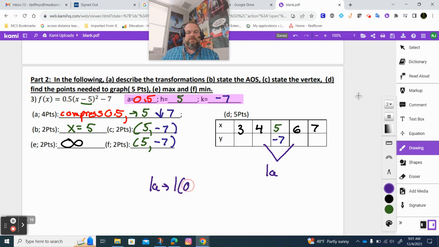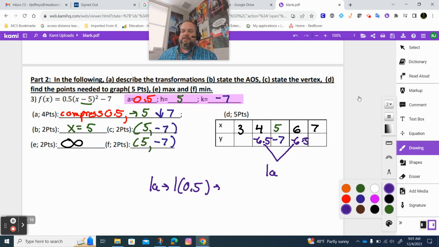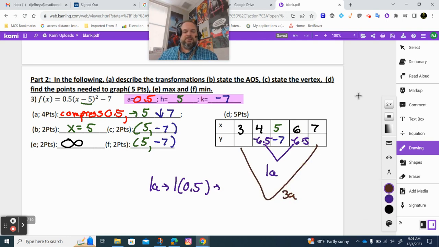So 1 times 0.5. All right, so we add 0.5, so this is negative 6.5. And then this 3a.